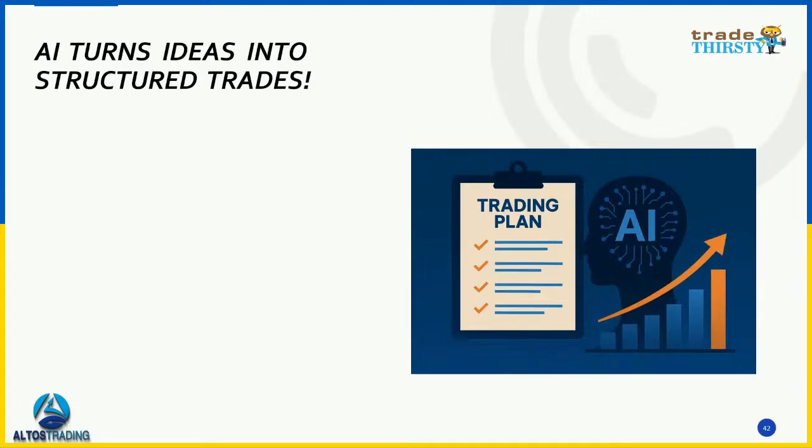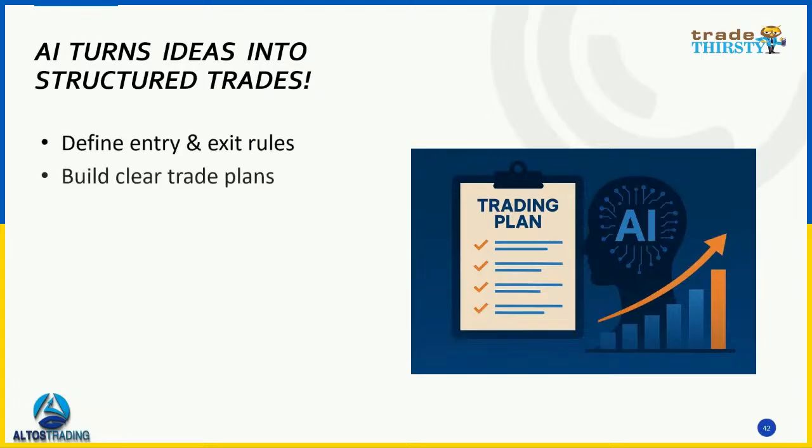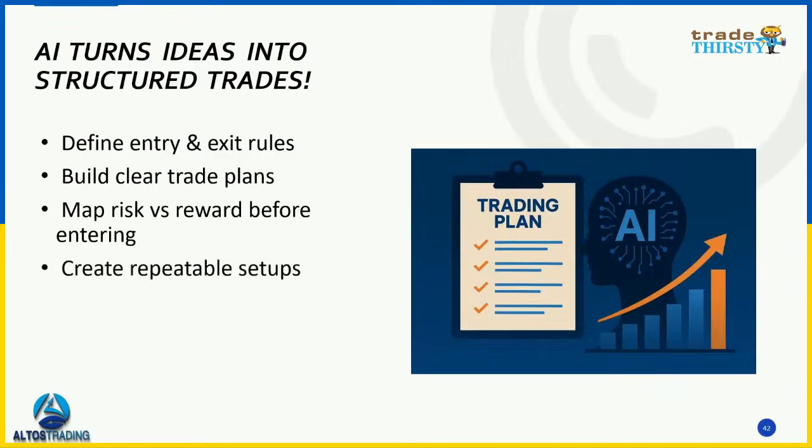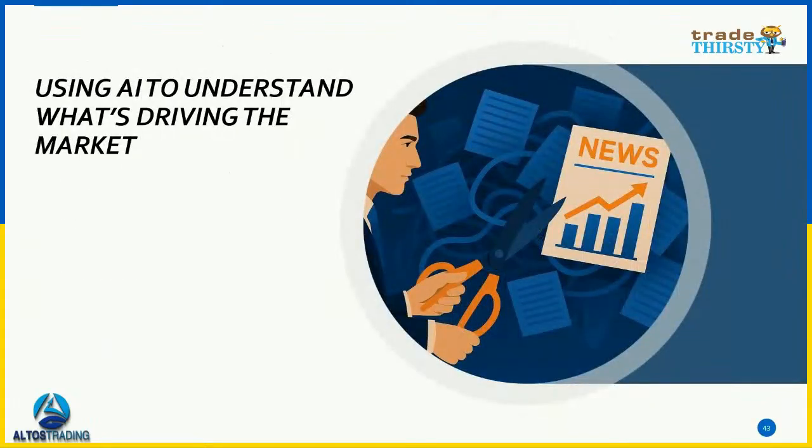It helps you think through entries, exits, risk, reward. So you're not just taking trades, you're building trades with intention. Okay, so the power here is that it can help us do so many things: define entry and exit rules, build clear trade plans, map risk versus reward before entering, create repeatable setups, which is a big thing.